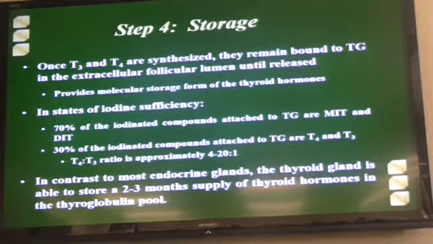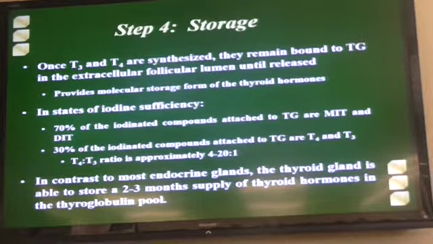Now, if you have iodine sufficiency, then about 70% of those iodinated compounds are going to be MIT and DIT. 30% are going to be T3 and T4, and T4 by far the most in it, okay? So in other words, if you've got enough iodine, the body doesn't have to worry about having a bunch of the activated hormone there already. So it makes a bunch more storage of the precursor that goes into making the T4 and T3, okay?